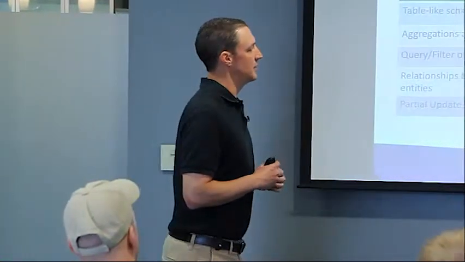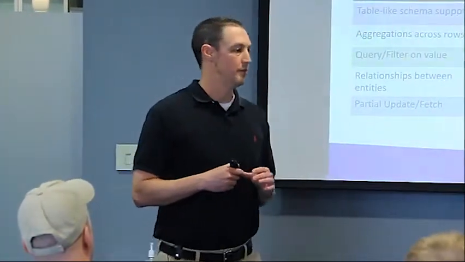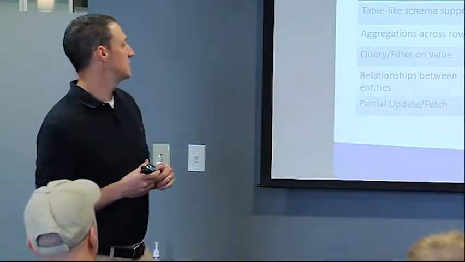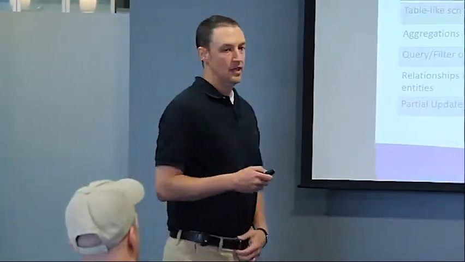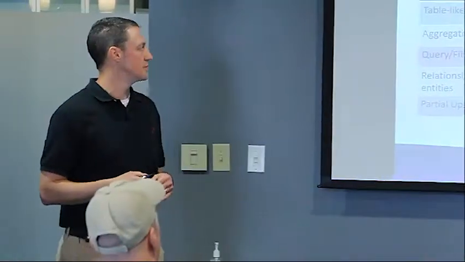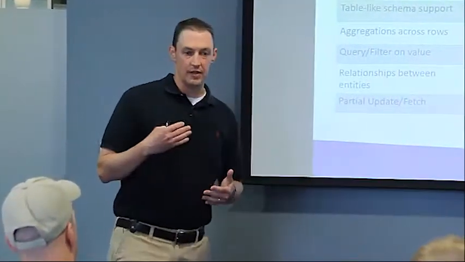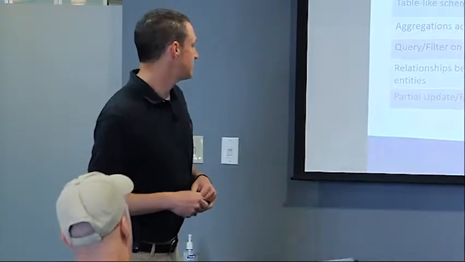As I mentioned, the document and the key value have an almost non-existent schema, whereas columnar and graph have a lot, not nearly a rigid schema like in a relational database system, but a flexible, looser schema.